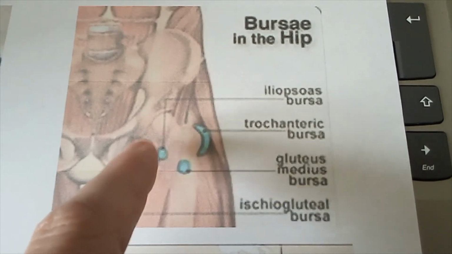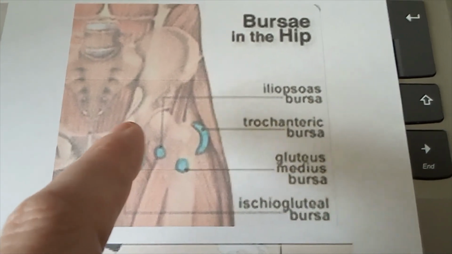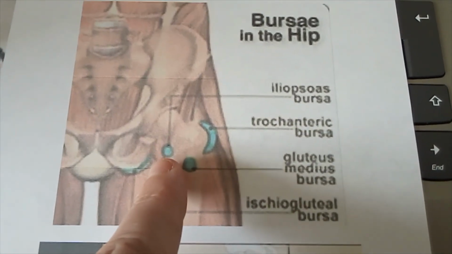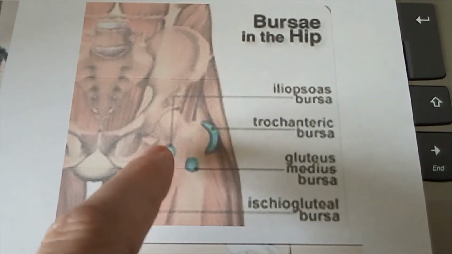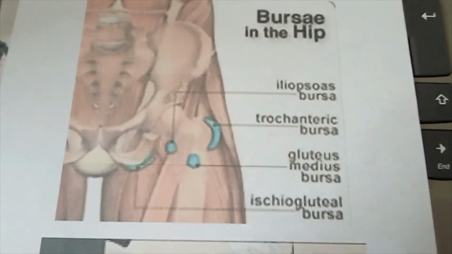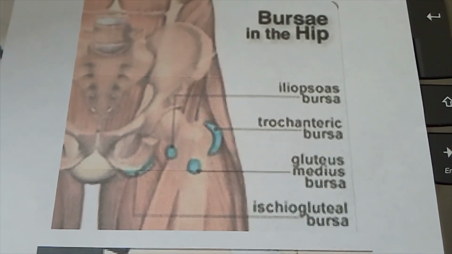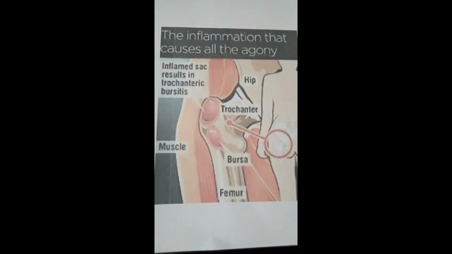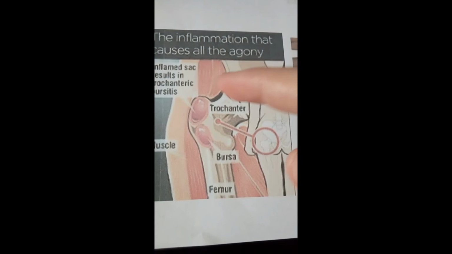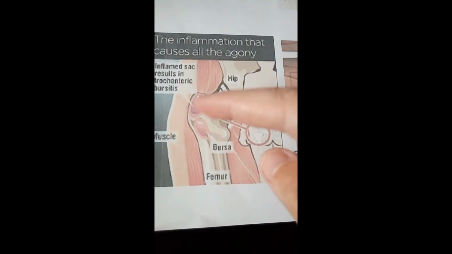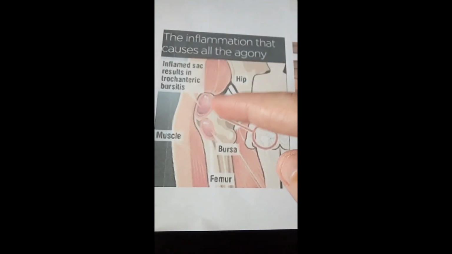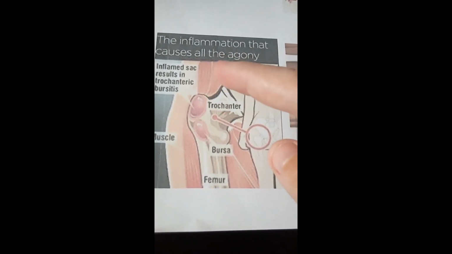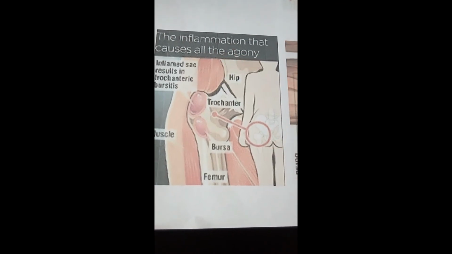Obviously, you've got that iliopsoas muscle that comes down through this area. So when that becomes inflamed, it's going to affect all those surrounding tissues. It's going to rub against that thigh bone and those surrounding muscles and the hip flexor muscles, which come down here.